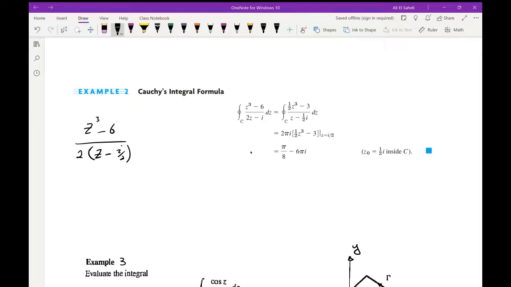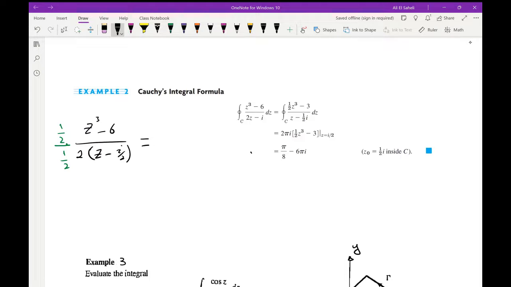Now to get rid of the 2, you have to divide by 2. So divide here by 2, but then you also have to divide the numerator by 2. Otherwise, you would be changing the function you are integrating.